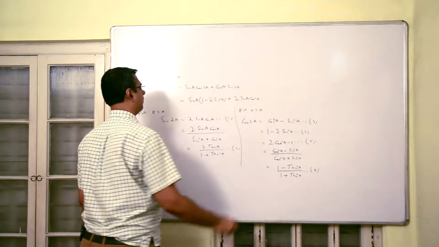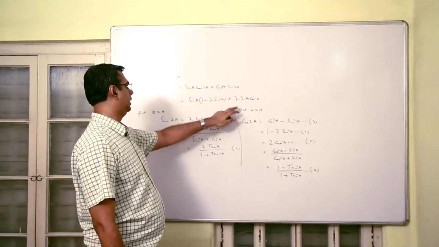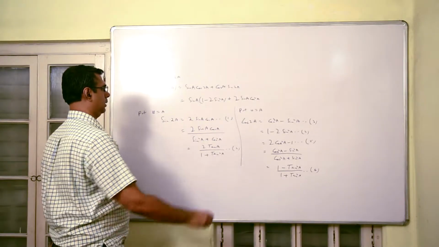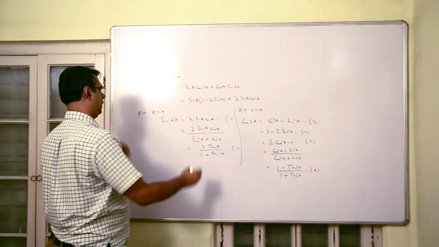Now, if you write sin 2A as 2 sin A cos A, then this expression becomes 2 sin A cos square A.